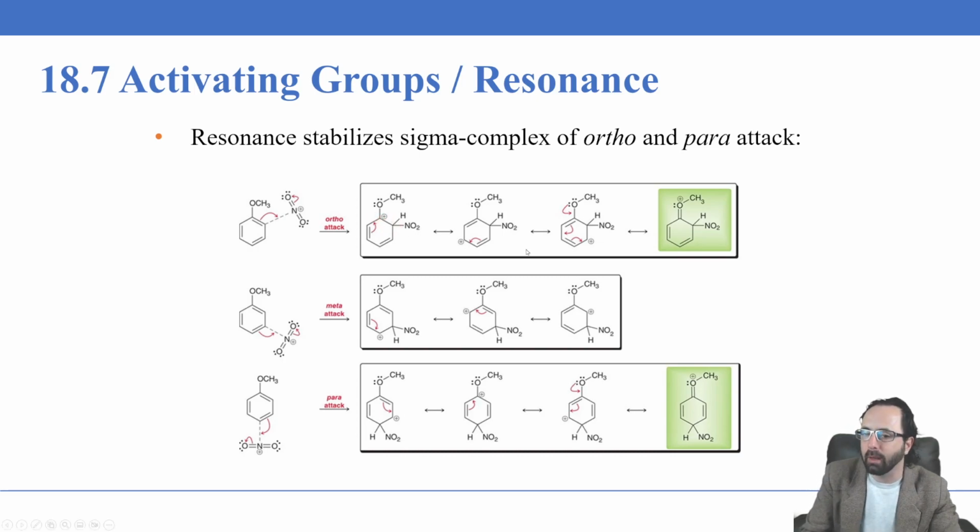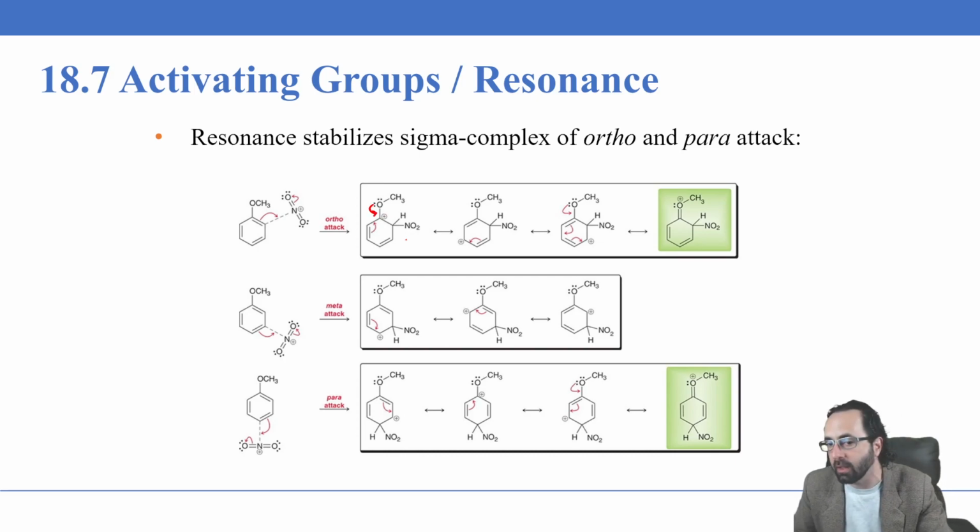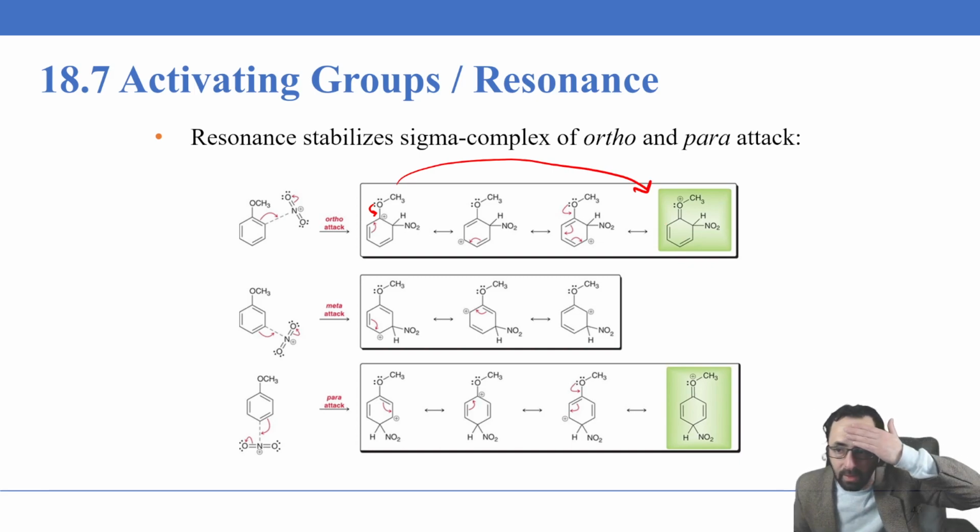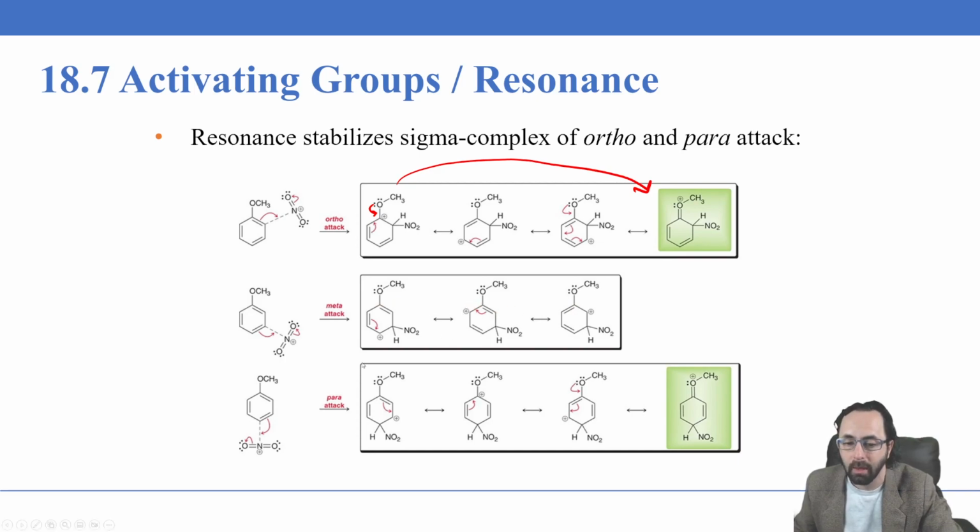I think the easier way to see this is to show that here we have a carbocation adjacent to a lone pair, and that will take us right over here, which is a little bit easier way to see that. But we can see that that is not possible here. We never have the carbocation in the position of the carbon right next to the oxygen with the meta attack.